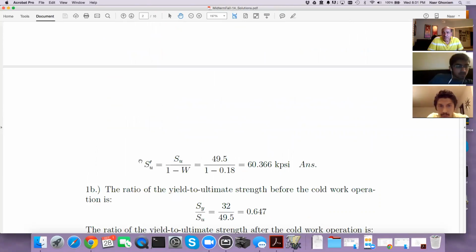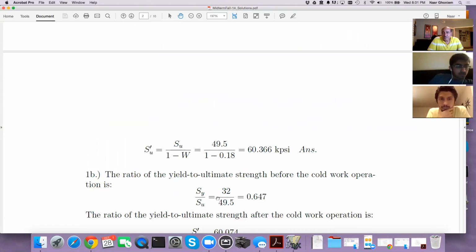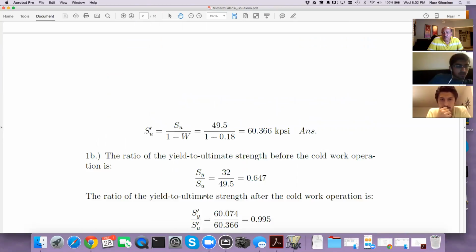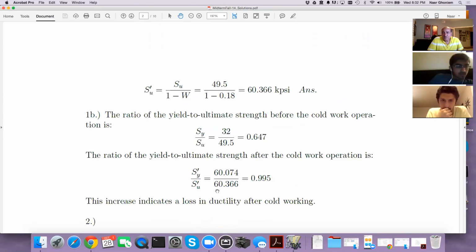The force after is equal to the force before: S ultimate times 1 minus W is equal to S ultimate after, and that gives you a little bit of increase on the ultimate. So you take the ratio of the yield to the ultimate before and after, and you find that this ratio increased from 64% to 99%. And when you look at material properties, if the yield becomes close to the ultimate, that's bad news because the ductility decreases.